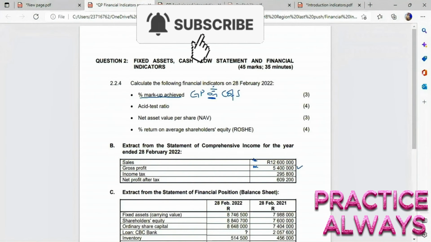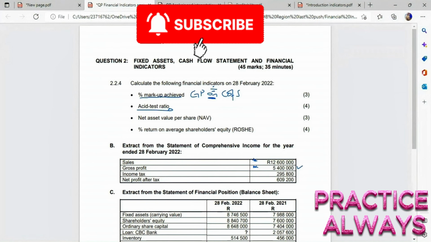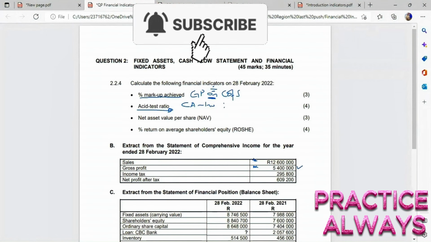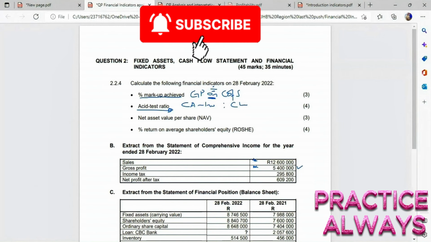The second one, they say calculate acid test ratio. You remember what I said about liquidity? So acid test ratio, don't forget, that is your current assets minus your inventory, is to, current liabilities.